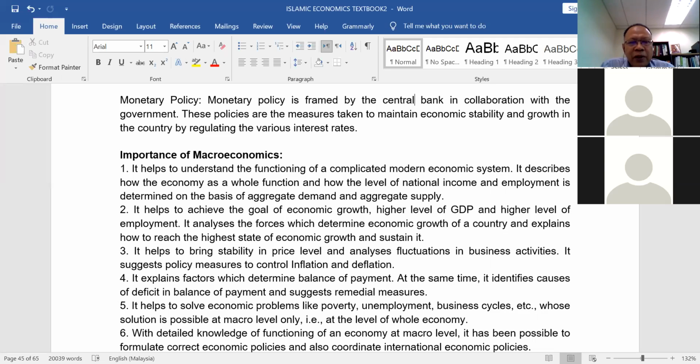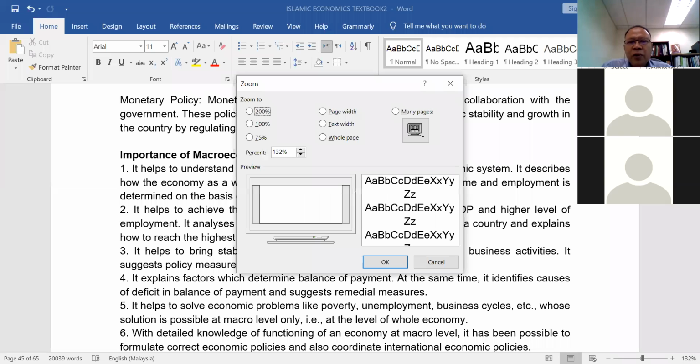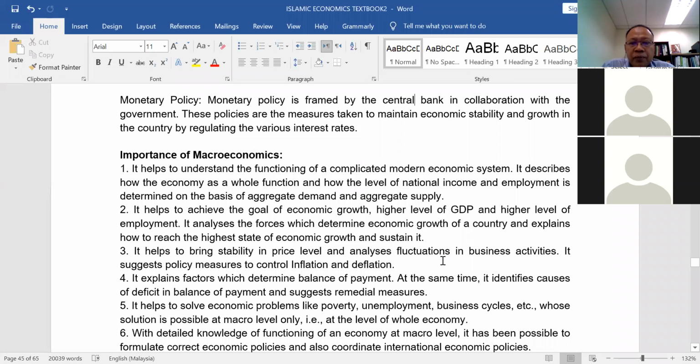And it helps to achieve the goal of economic growth. Like we said, the objective or the goal of macroeconomics is to achieve economic growth, okay, higher level of GDP and higher level of employment.